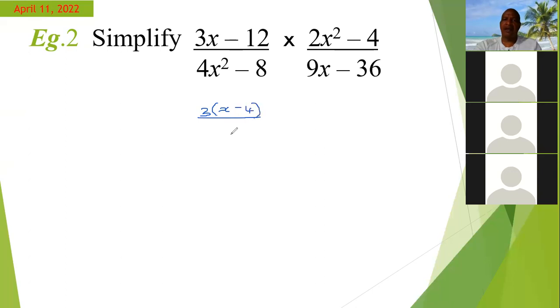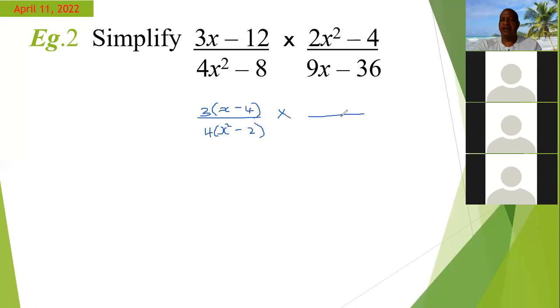And so if we factorize the denominator, we get 4, open brackets, x squared minus 2. All right, so we can put back our multiplication sign here.